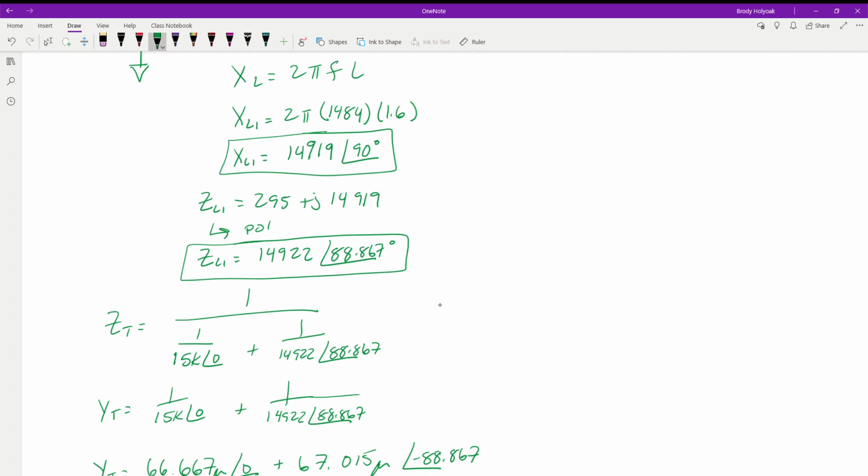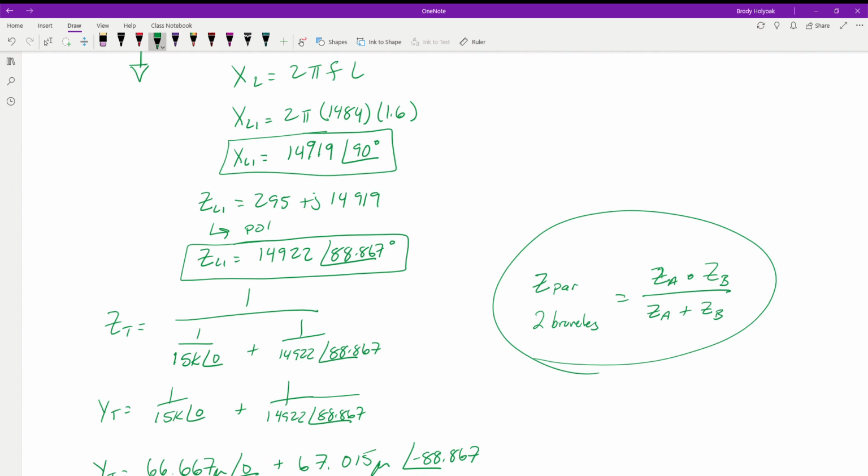So if we're talking about an impedance for a parallel circuit, and we have two branches only, we can also use the impedance of branch A times the impedance of branch B, and divide that by the impedance of branch A plus the impedance of branch B. So we do have this other special case if you want to use it.